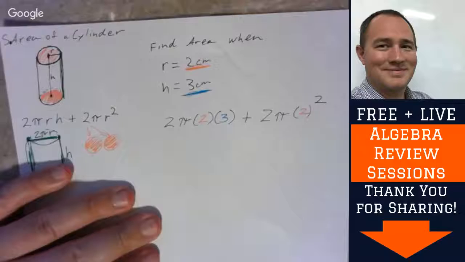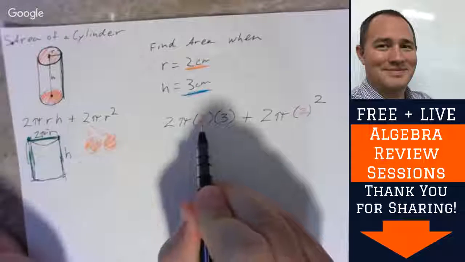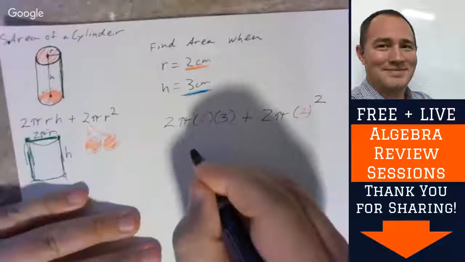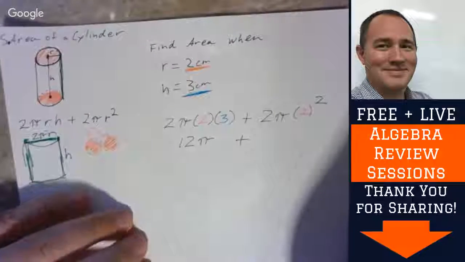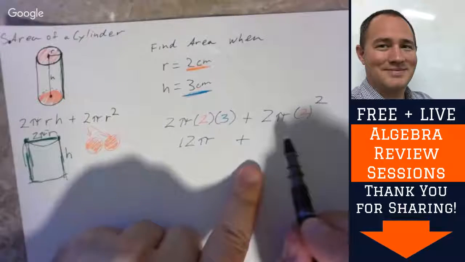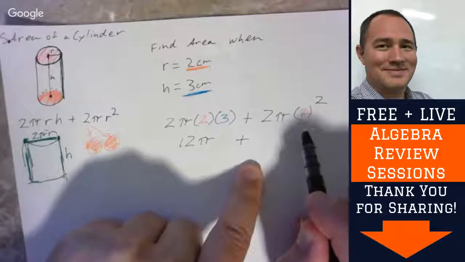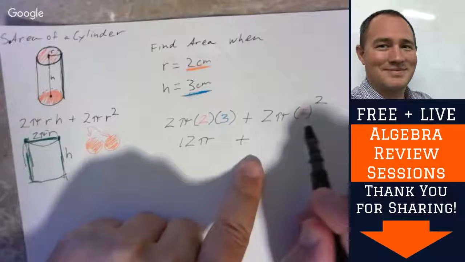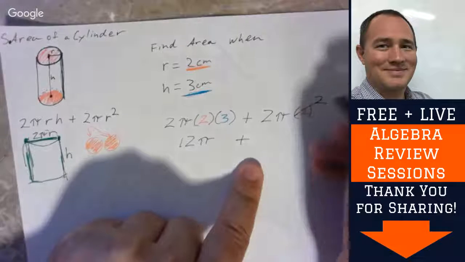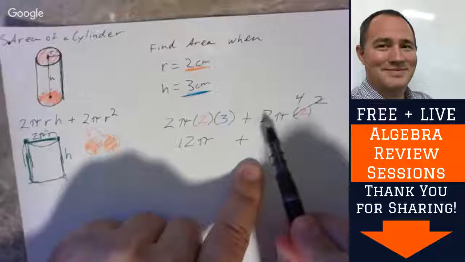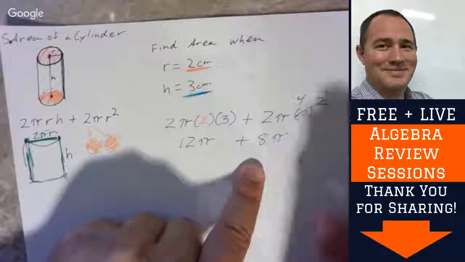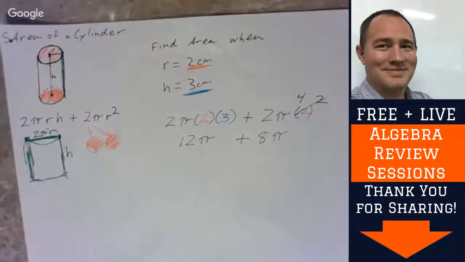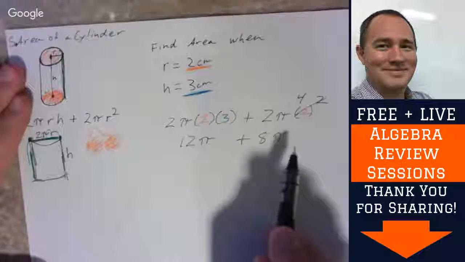So what would this turn into? We have 2 times 2 is 4, times 3 is 12, times pi, don't forget the pi. Now here, order of operations, we're going to want to square this first. So that's going to be 4, right? 2 squared is 4. 2 times 4 is 8 pi. Now we can add those two together, right? We have 12 pi and 8 pi.